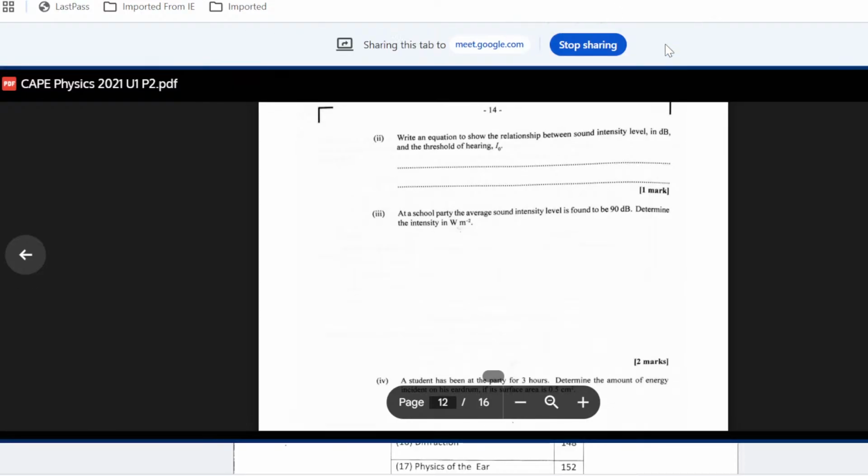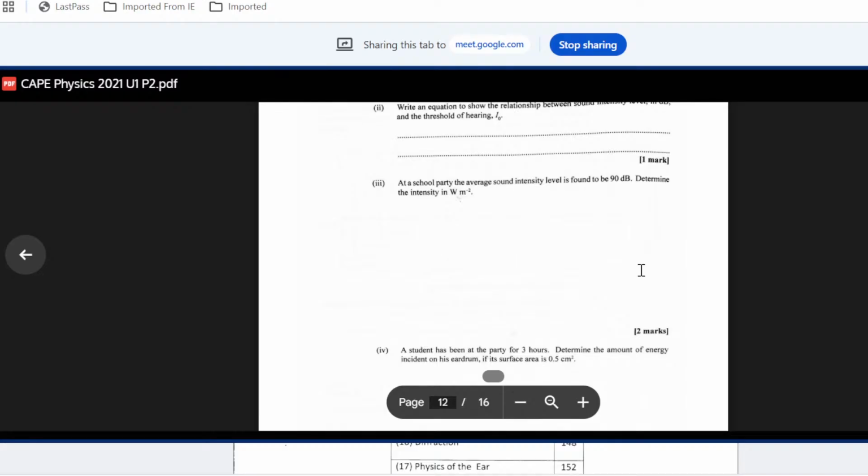So this is the equation that relates decibels to the threshold of hearing. Yeah, the sound level and the threshold of hearing. Alright, so you can use that at a party.